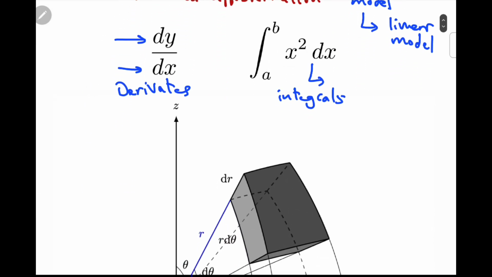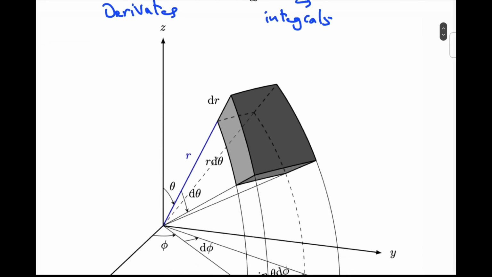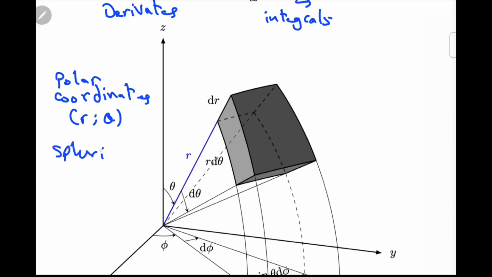Infinitesimal also is used to express some calculation that is done in Cartesian coordinates into other well-known coordinates, such as the polar coordinates, r and theta, and also the spherical coordinates as shown in the graph, the r, phi, and theta.